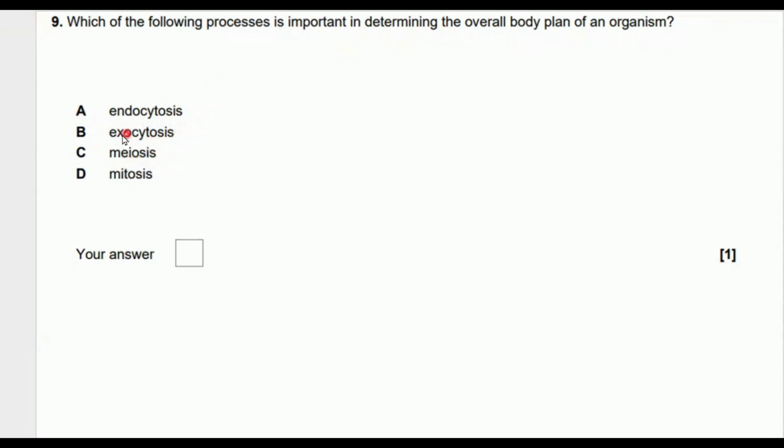Meiosis is the formation of gametes. It's really only involved in the formation of gametes. And mitosis is the answer. We know that apoptosis and mitosis are vital processes in body plan development.